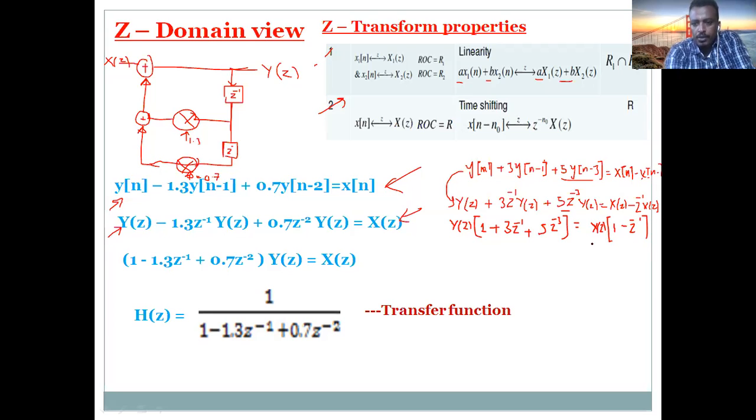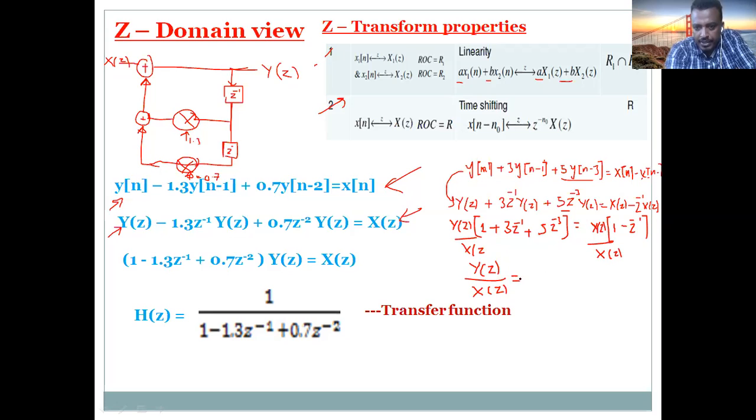Okay. Now divide both sides by x of z, and divide both sides by this factor, because I need output divided by input. So what will be the output y of z divided by input x of z?